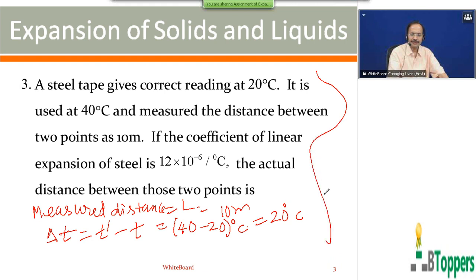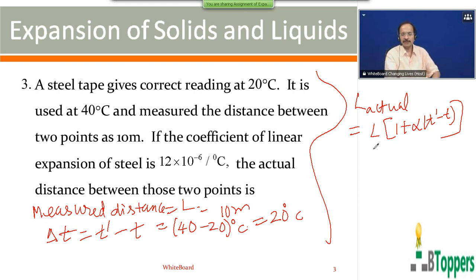So the actual length of the object measured by the scale, when the scale is at temperature T dash, can be written L into 1 plus alpha into T dash minus T. Well, L is the measured length of the object at the temperature T dash, which is 10 meters here.